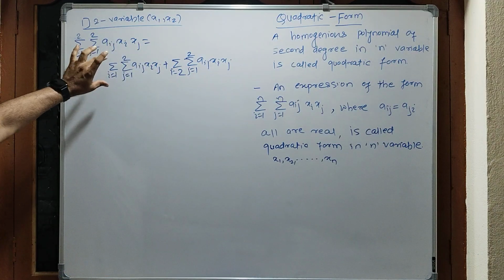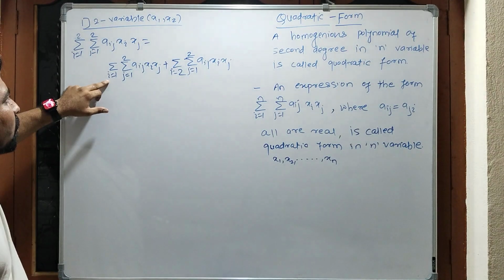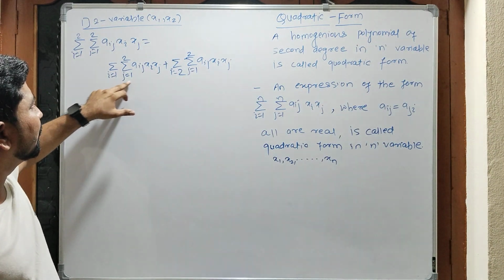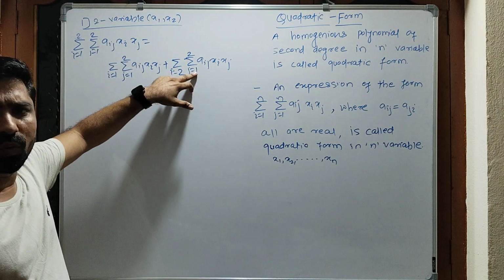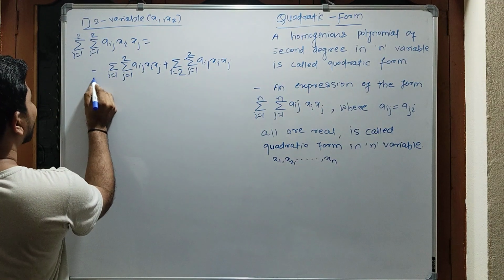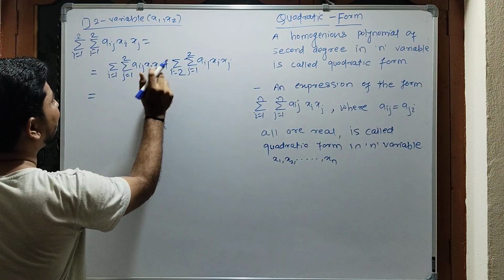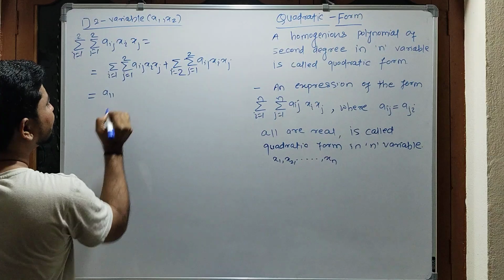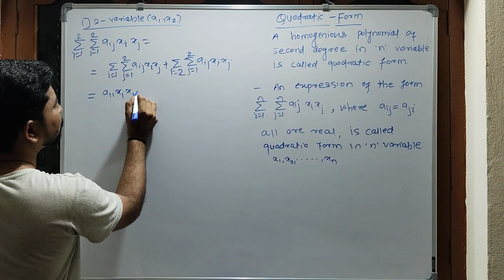So in my first part, I am putting i equal to 1. In my second part, I am fixing i equal to 2. In the first, j is running 1 to 2, and in the second also i is fixed and j is running 1 to 2. So this is equal to, here i is 1, so j is running from 1 to 2, means a_11 x_1 x_1 for the first time.